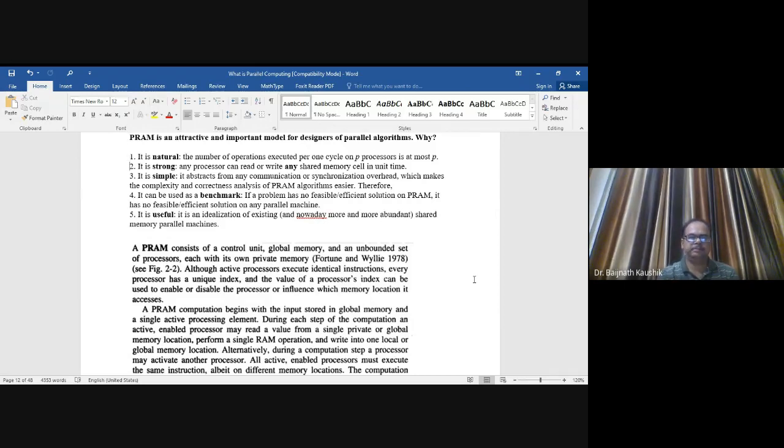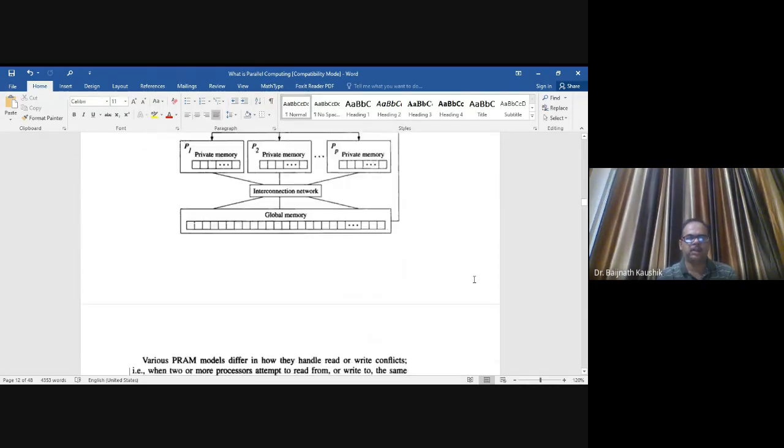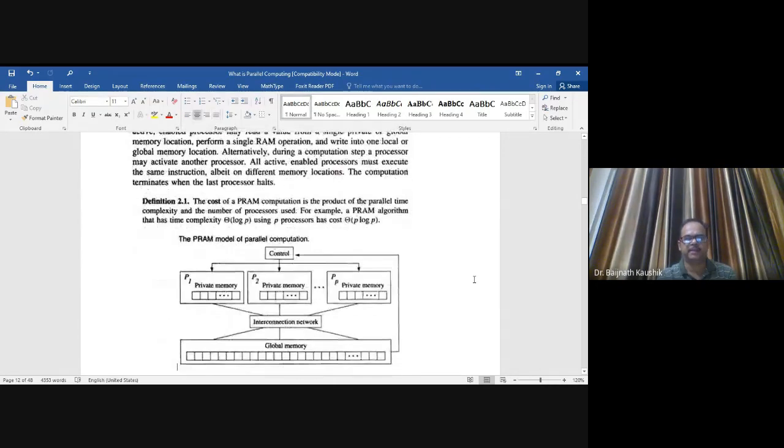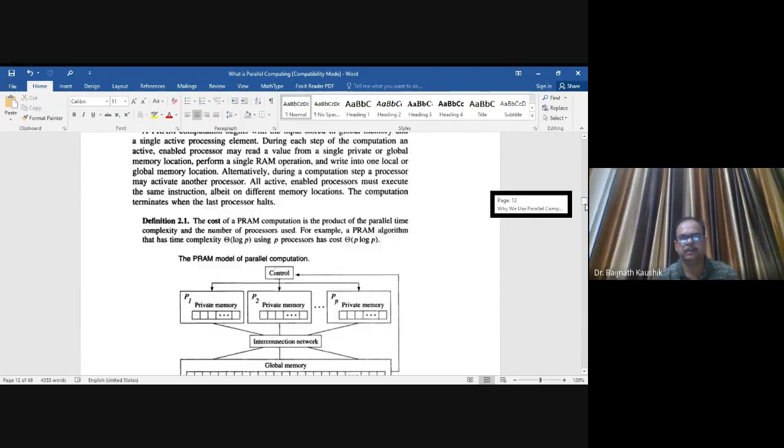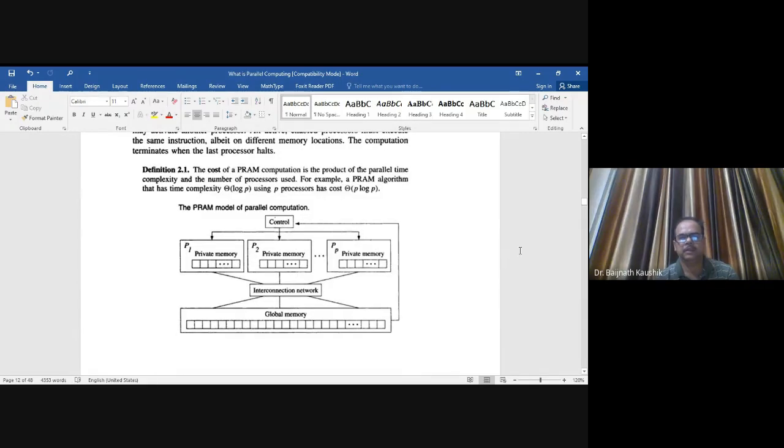So now we come to the architecture of the PRAM model. This architecture we have discussed in the first lecture also. This is the basic architecture of the PRAM model. It has a control unit.